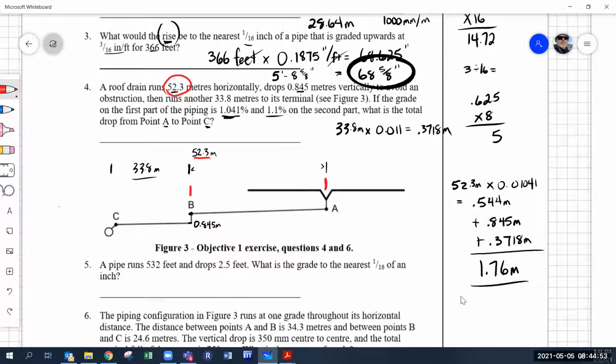We did the grade for 52.3 meters at 1.041%, and that's where I got that from here. And I got my total drop for this piece of pipe right there. Secondly, I had a drop right here.